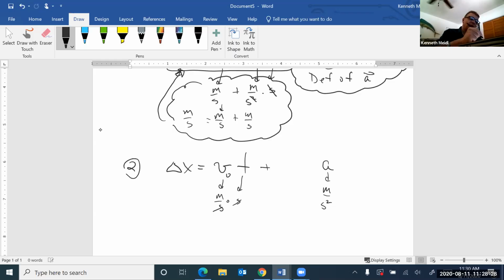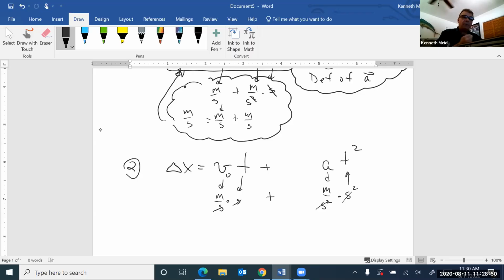Those seconds cancel, that leaves me with meters. The second piece has to calculate meters as well. So I need to get seconds squared here to cancel out. So Galileo knows that I need t squared right there. And for the most part, dimensionally, this is correct.